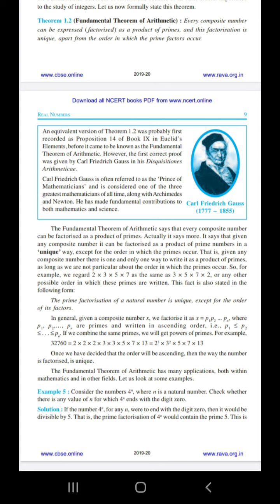Then below that you write Remark. The prime factorization of a natural number is unique, put a comma, except for the order of its factors.